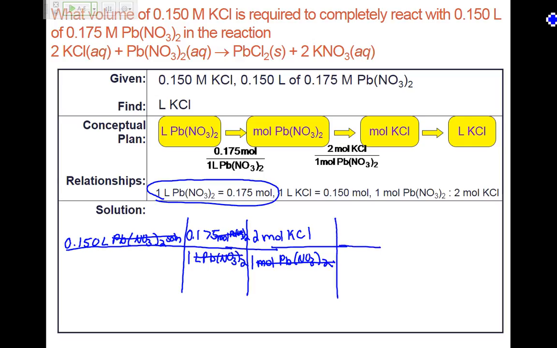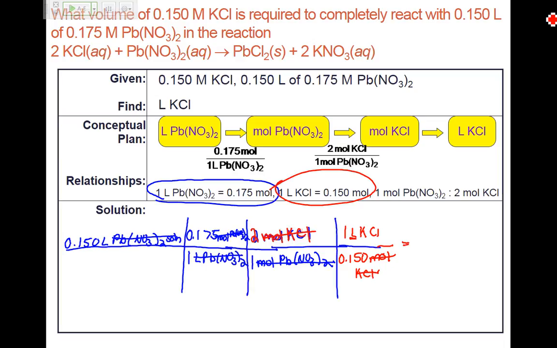Once I know how many moles of KCl I need, now I need to figure out how many liters of the solution of the concentration of KCl that I have. So that's based on the molarity of my second solution. So my moles of KCl cancel out, and that's going to leave me with liters.